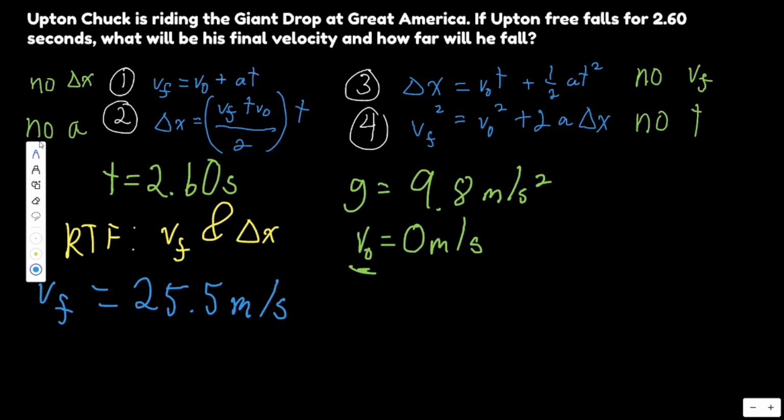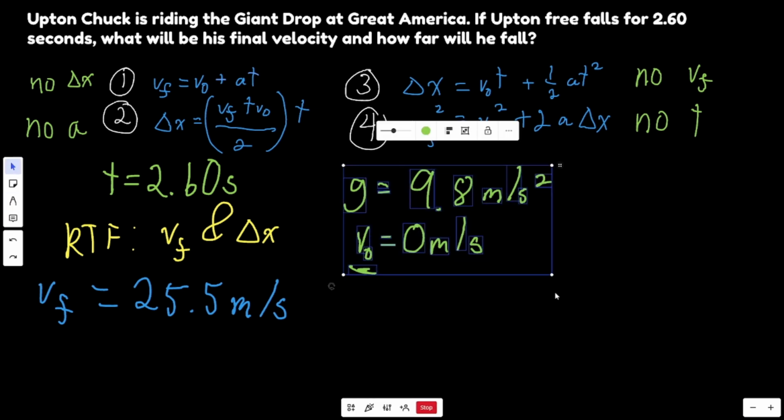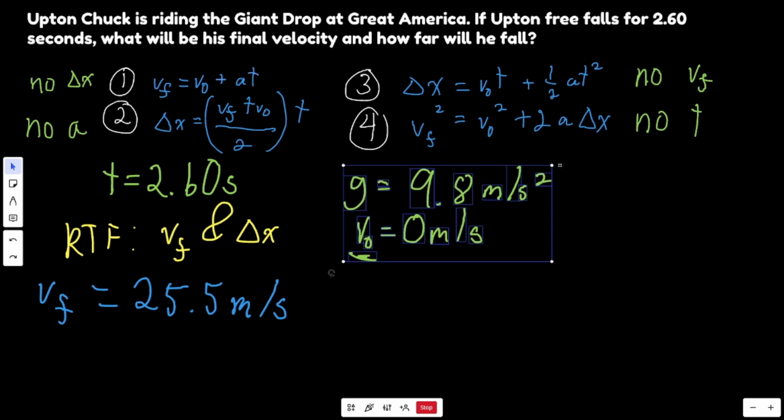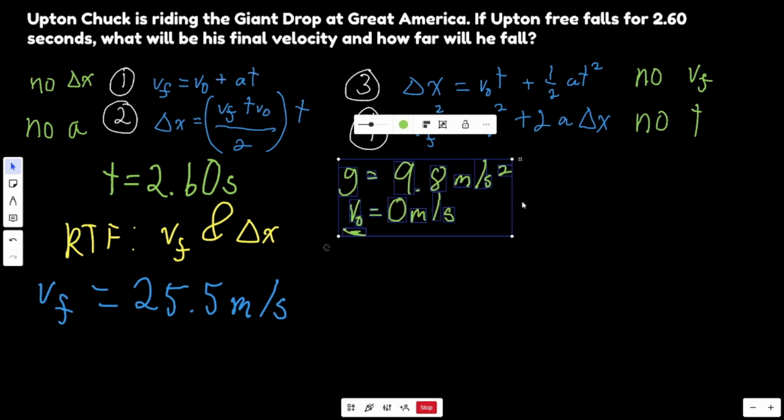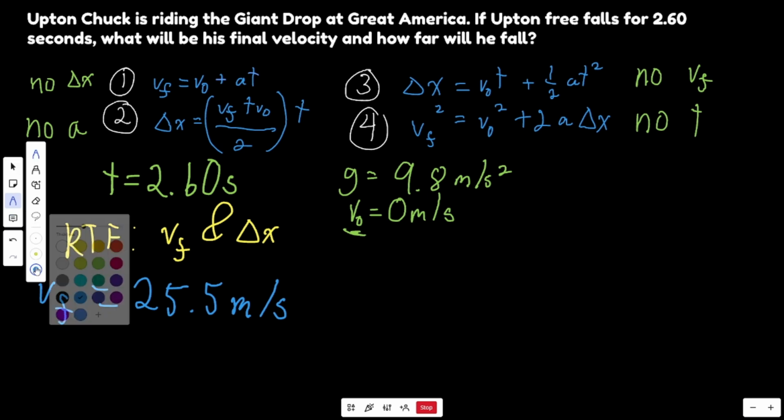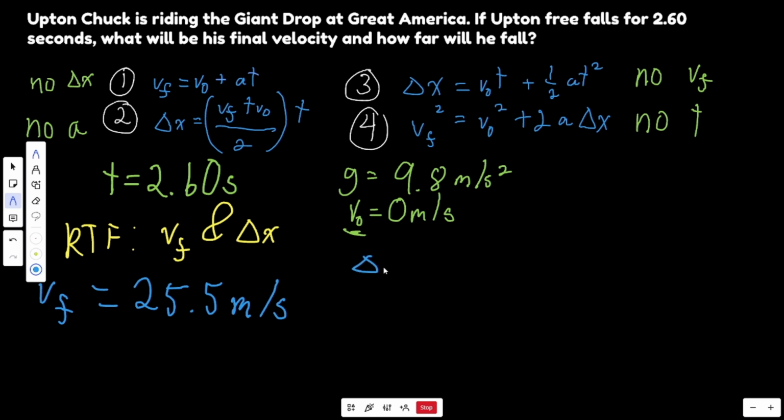Let's make this smaller. Okay, there. Equation number 3 again is delta x is equal to v0 times time plus 1/2 a t squared. So delta x, since we know that v0 should be equal to 0, let's just make this 0 already, plus 1/2 times 9.8 times 2.60 squared.